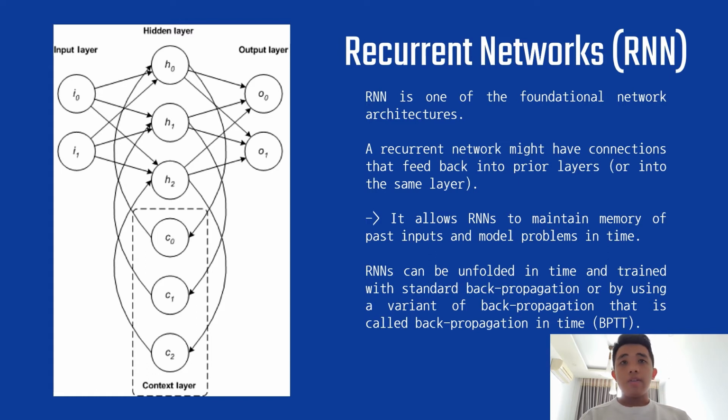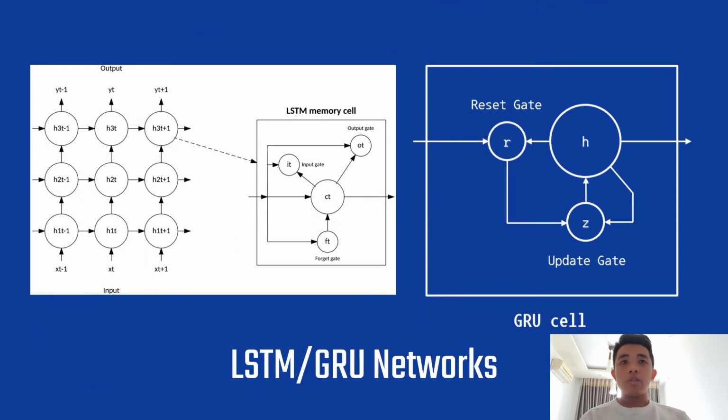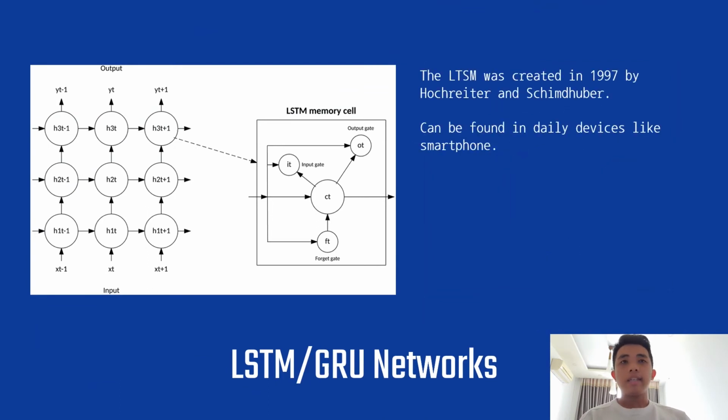RNNs can be unfolded in time and trained with standard backpropagation or by using a variant of backpropagation that is called backpropagation through time, BPTT. The LSTM was created in 1997 by Hochreiter and Schmidhuber and is used in products that you use every day, such as smartphones.